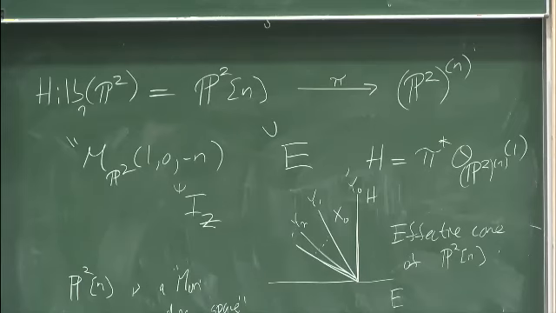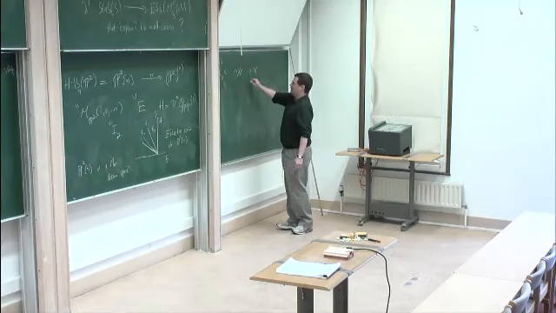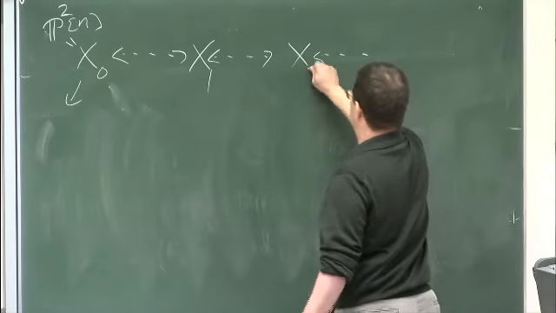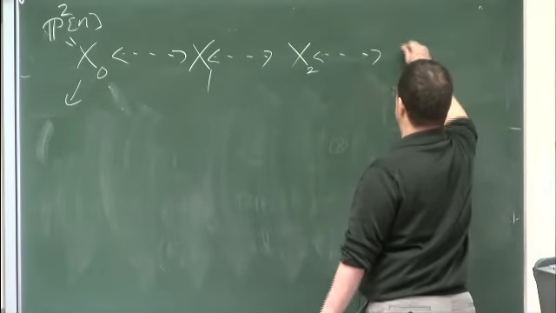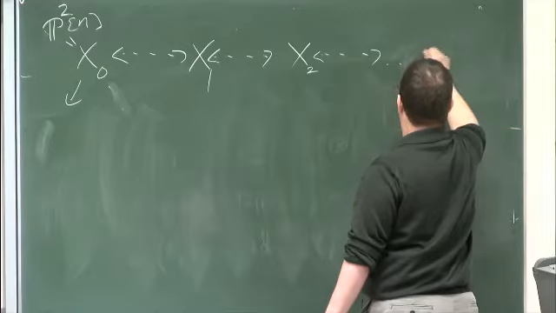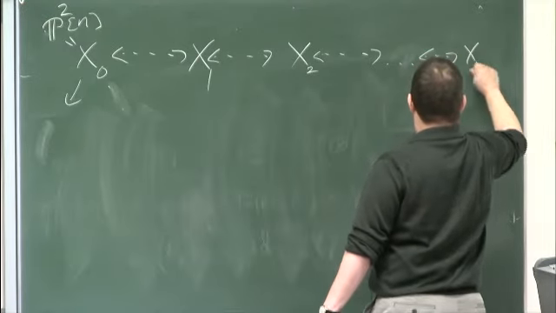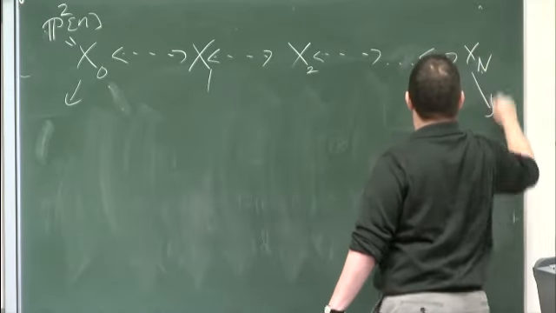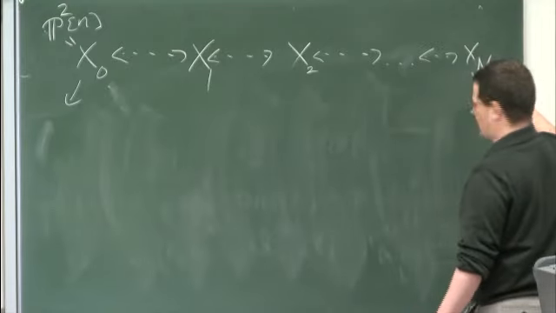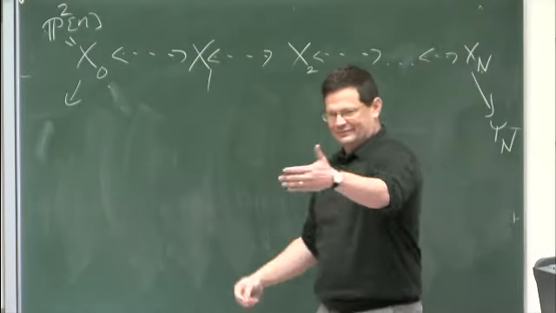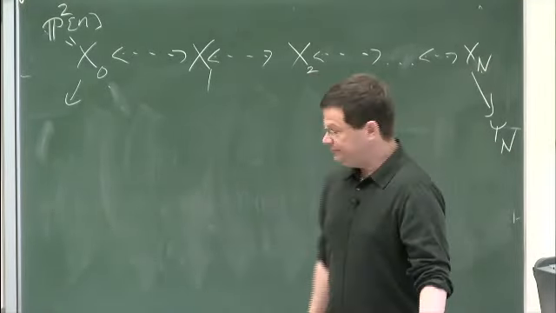So I have this bunch of birational maps between models of the Hilbert scheme, followed by a final contraction down to some variety, that could either be divisorial or a fibration.